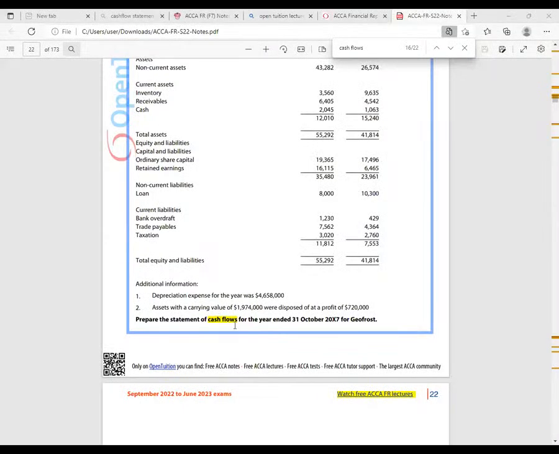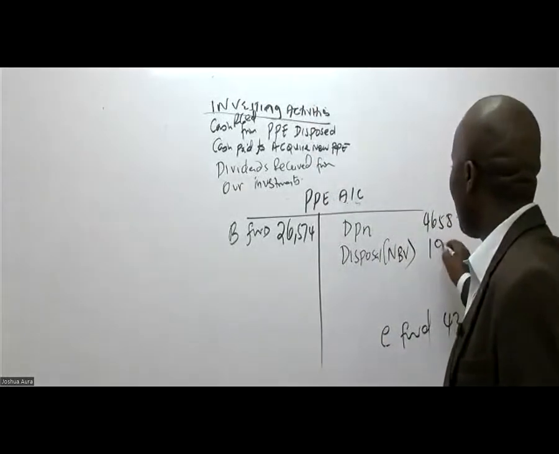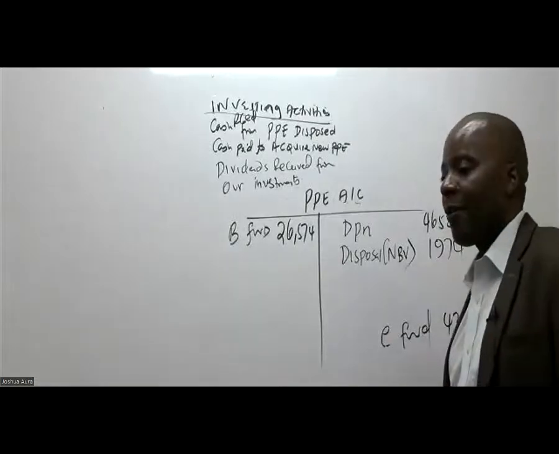We have assets with a carrying value of 1974 that were disposed. Carrying value is the same as net book value. So 1974, the net book value, we put it there.